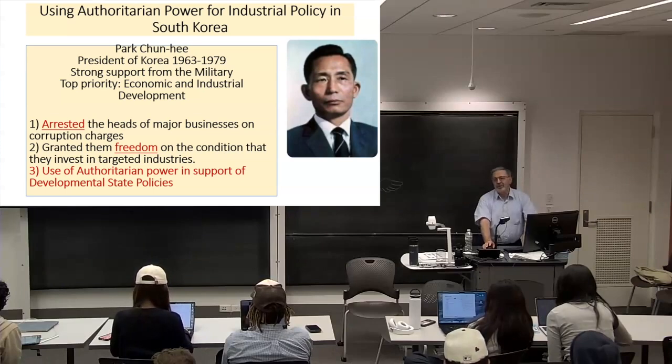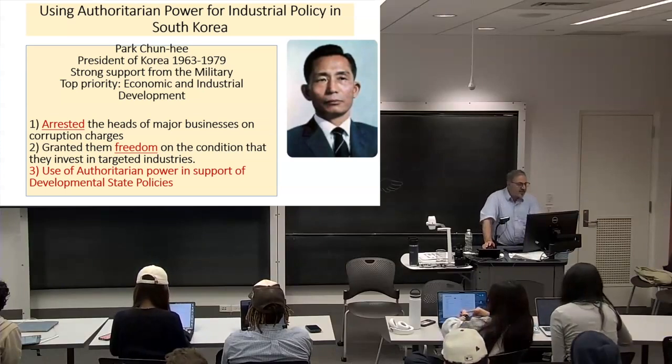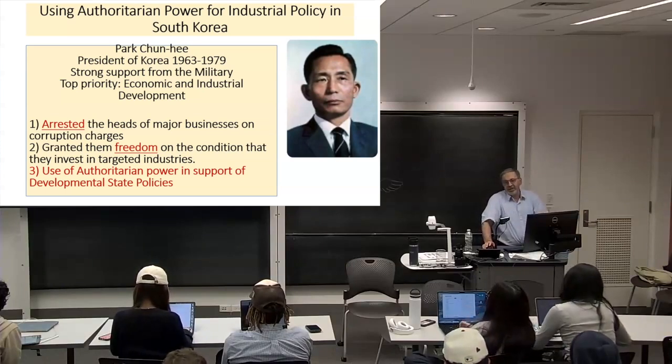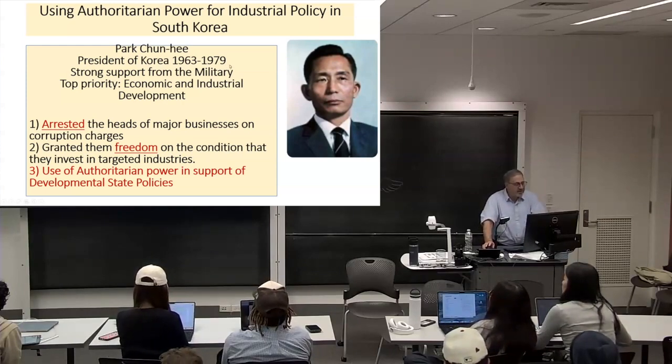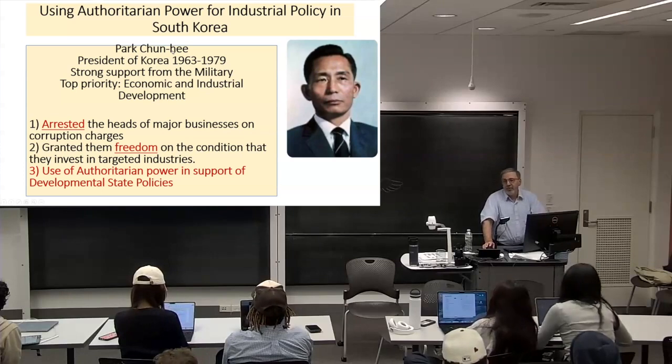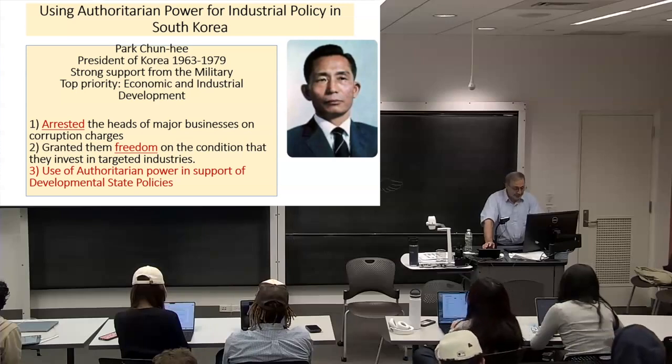So one example of all of these things is this leader in Korea. The period of 1963 to 1979, this is Park Chung-hee, well known in Korean history. He is associated with developmental state.